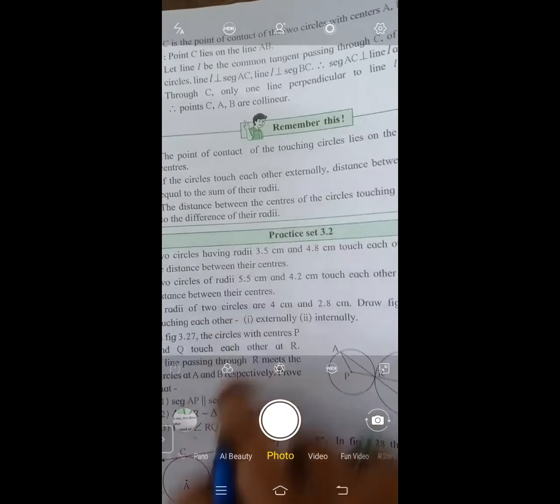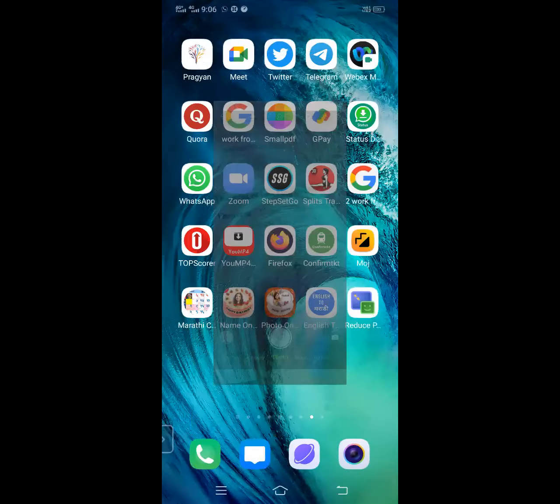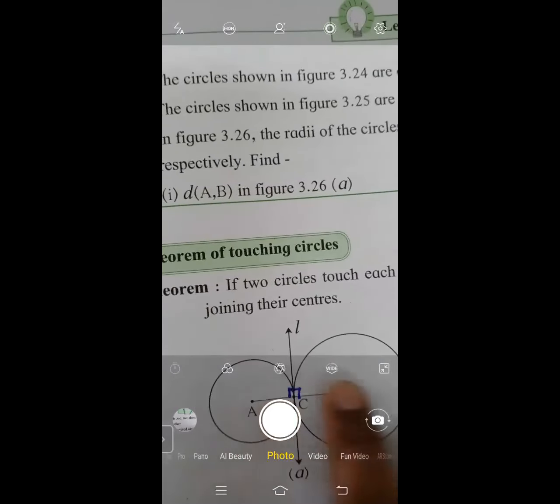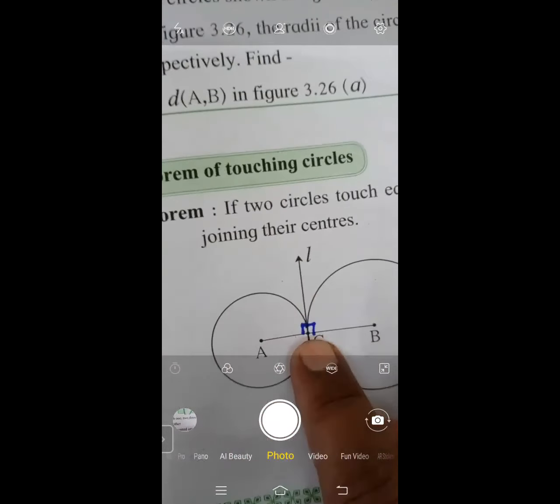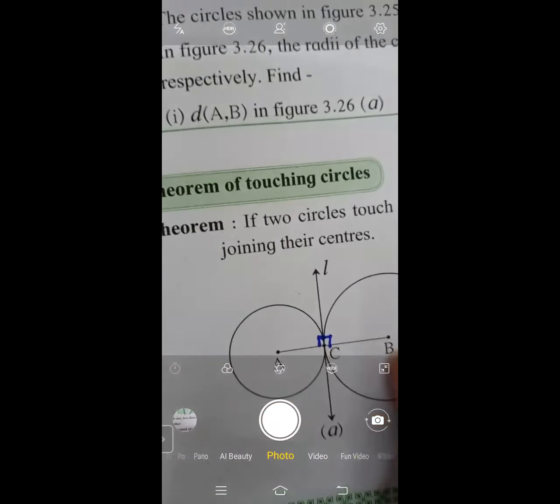This is the point of contact of the touching circles. This point of contact lies on the line joining their radii. You can see this is the radius of one circle, this is the radius of another circle, and the point of contact always lies on the line of the radii of both the circles.